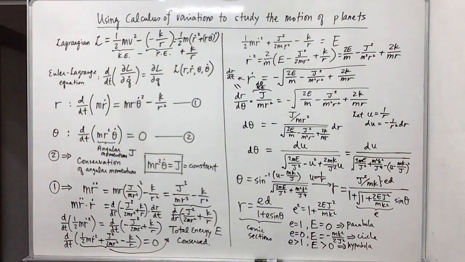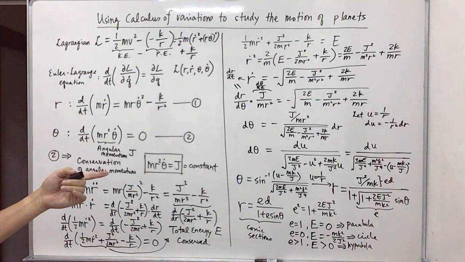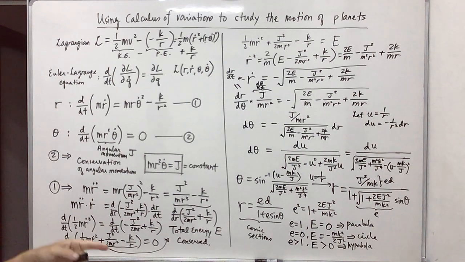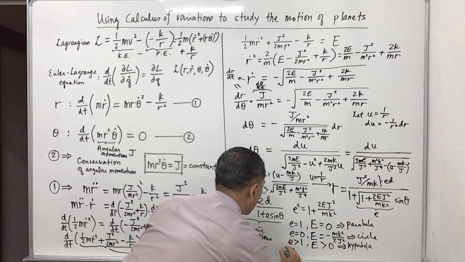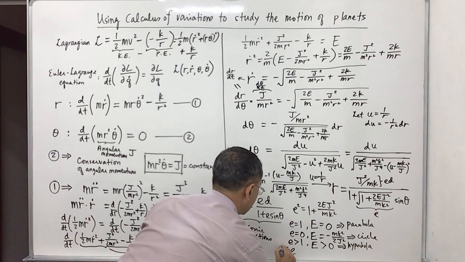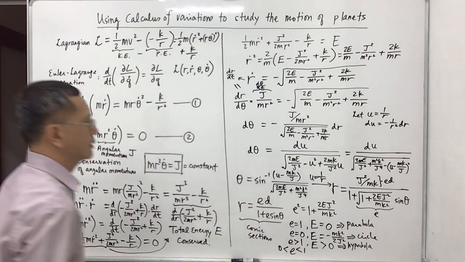Alright, now one last case. So far we have seen parabola, circle, hyperbola. The last case is our ellipse, right? We have been studying ellipse a lot previously. So when do you get an ellipse? You get an ellipse when the eccentricity is still greater than 0, but less than 1. Okay?